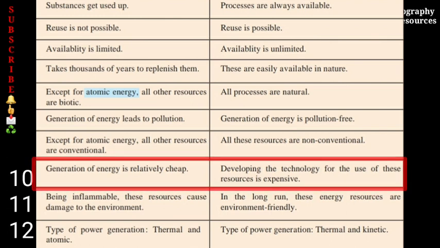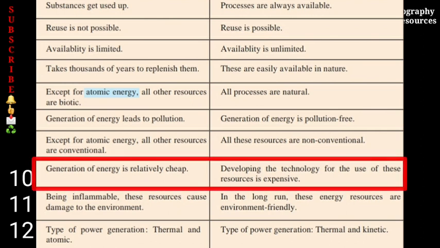And the characteristic of process based energy resources is, developing the technology for the use of these resources is expensive. We know that process based energy resources require technology and devices, so in comparison to substance based energy resources, they are more expensive.